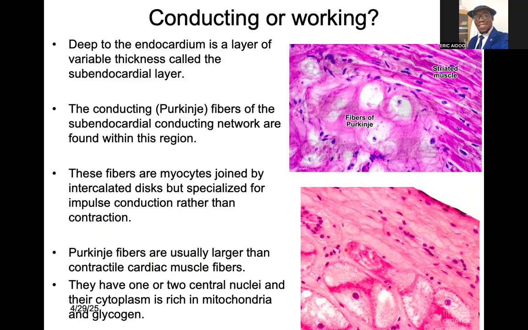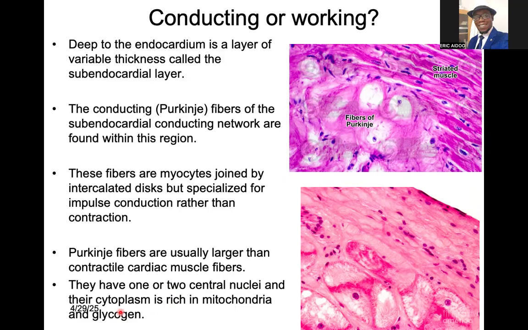In fact, when you look at these cells, which are the Purkinje cells, here as well, they are actually larger than the ordinary working myocytes. And they have one or two centrally placed nuclei, and their cytoplasm is also rich in mitochondria and glycogen, relative to the normal one.